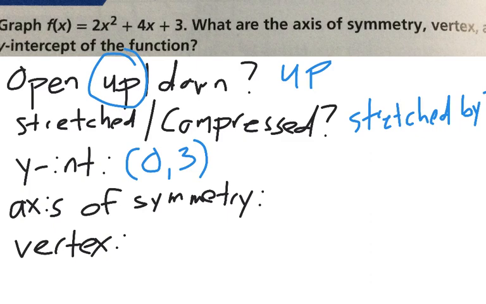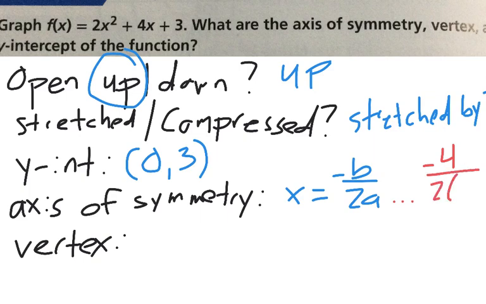Okay, here's the new part. Axis of symmetry. Remember, the axis of symmetry is the line that cuts the parabola into 2 equal parts. So we can find it by plugging into the formula x equals negative b over 2a. What would that be this time? Negative 4, because 4 is my b term in standard form, over 2 times a, and the a term is 2.